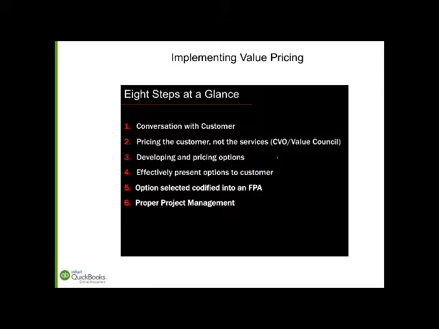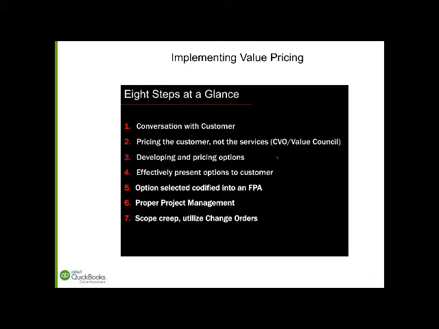Project managers have to project into the future and make sure that we have the resources in the future for the work that we've committed to, to make sure that we make our deadlines and meet our promises to our customers. So that's what project management's about.